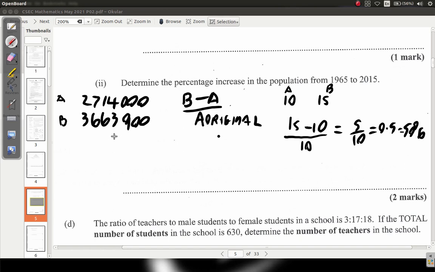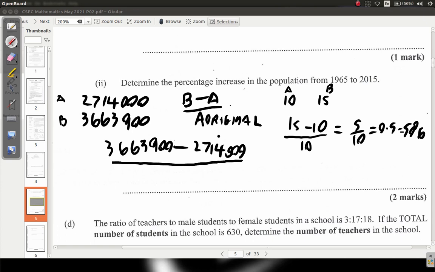In this case, you say 3,663,900 minus 2,714,000 over the original 2,714,000. You don't put it over the 3,663,900; you put it over the 2,714,000.